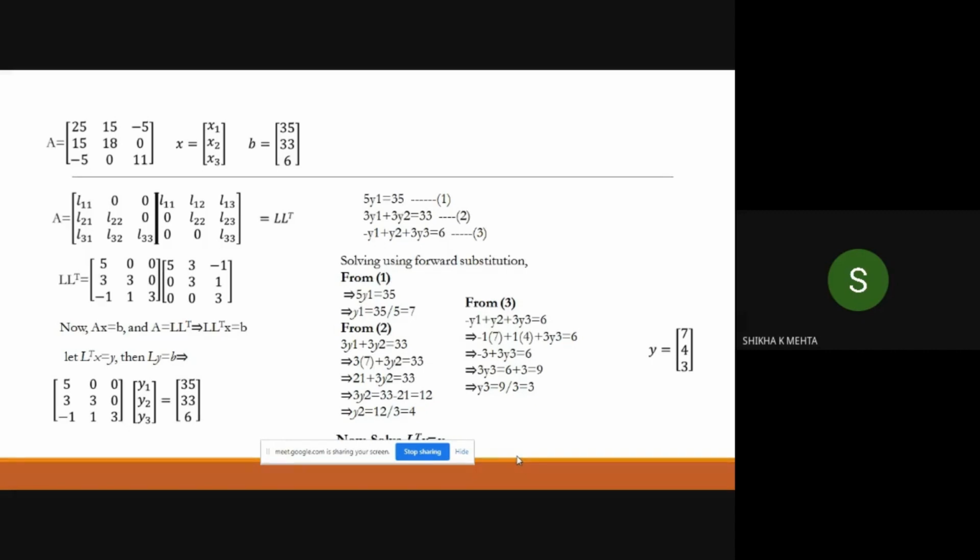When we take this particular equation, we have the values of L transpose, and we know the value of Y. So from here, using this equation, we can compute the value of X.